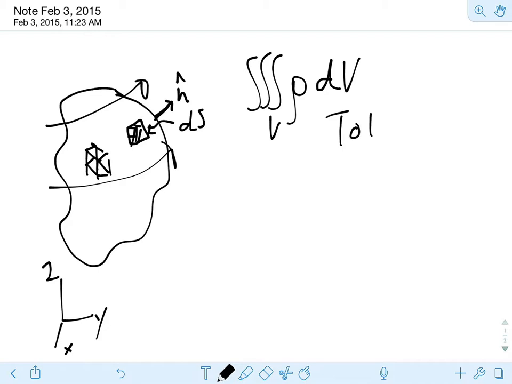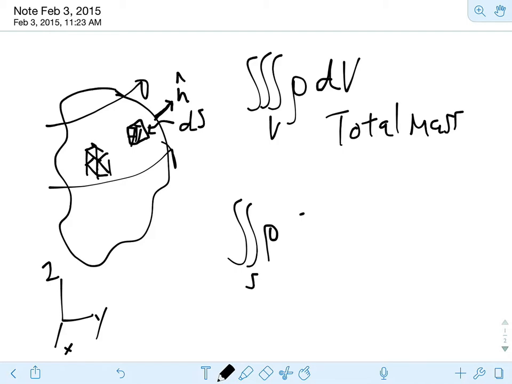Then we have how much is coming in or out of the control volume. At any time we can have velocity flowing through there. If velocity is flowing normal to the edge, then it will be carrying fluid in or out of the control volume, and that will lead to changes in mass in the control volume. So we have to look at what's the flux of mass through the surface at any time. That's an integral over the surface of the control volume times what is being fluxed. That's this mass per unit volume, or specific mass, which is given by density, or rho.